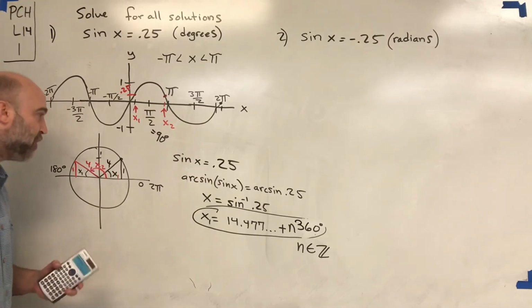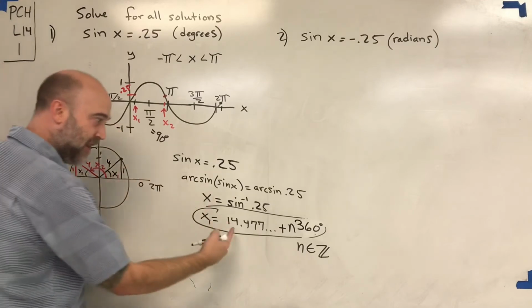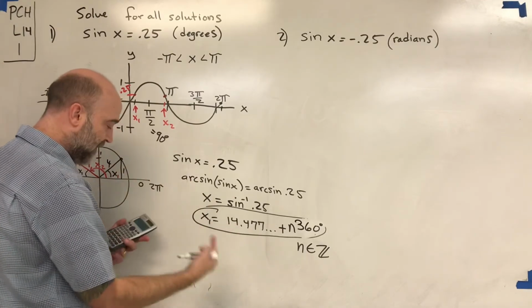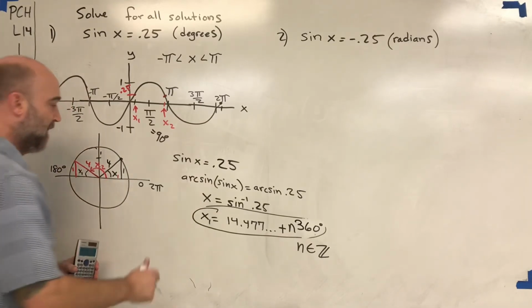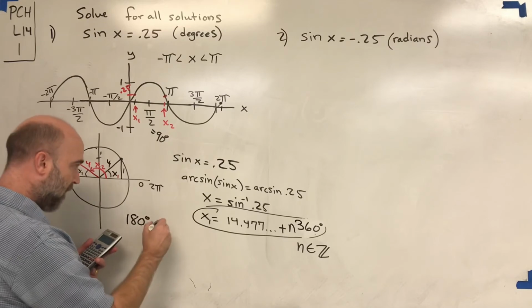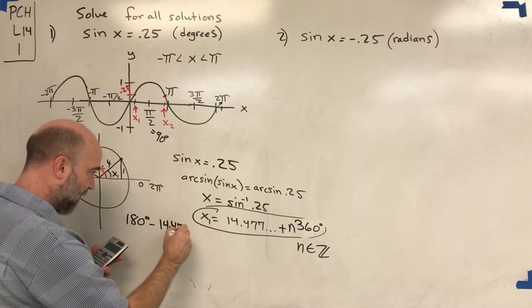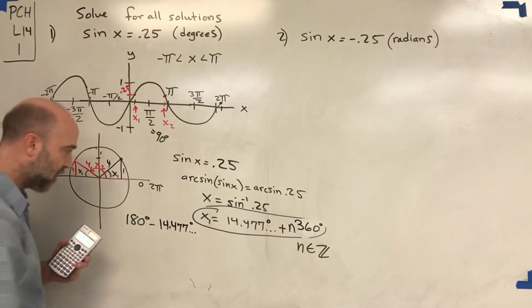So what is x2? x2 is this 14.477, which I still have on my calculator, subtracted from the 180 degrees. So 180 degrees minus 14.477 degrees. I like keeping my symbols going.